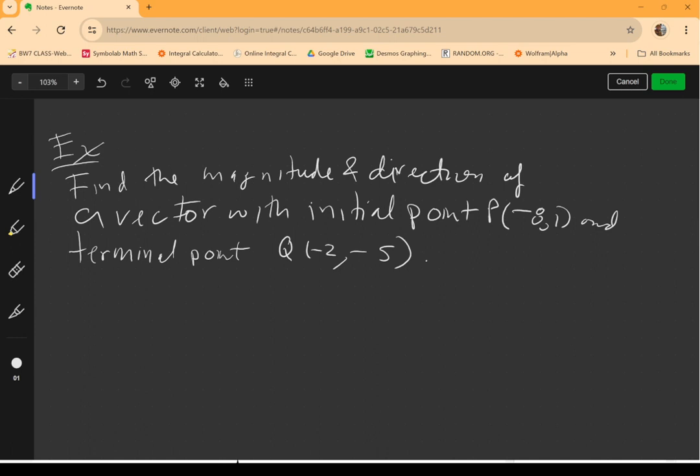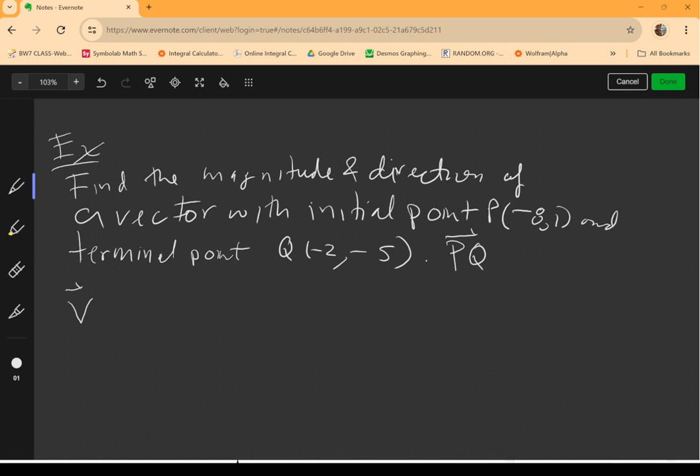What I want to do here is have the standard position vector, so I'm going to define v. Ideally we're looking at the vector PQ, but dealing with it in space is challenging if I want to use the formulas above. So I'd like to put it in standard position.